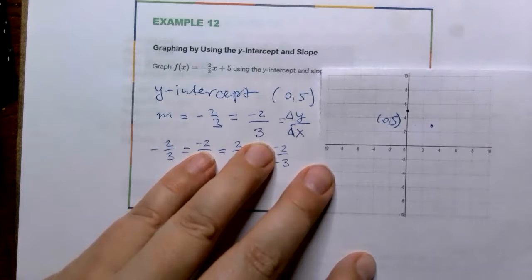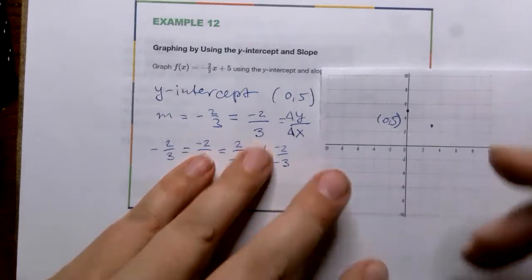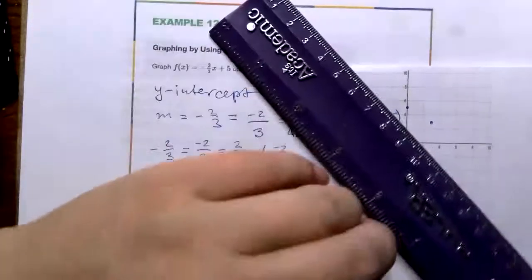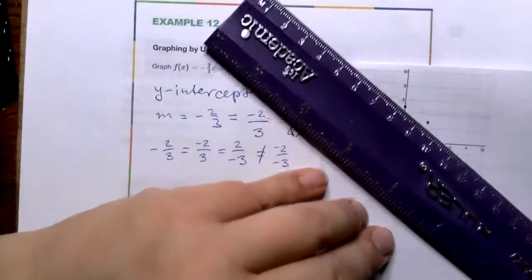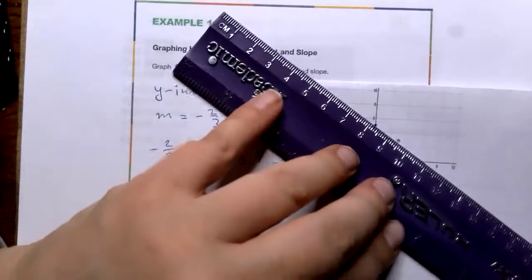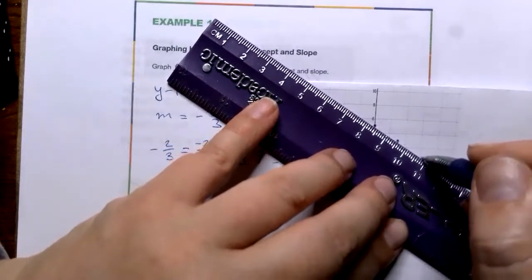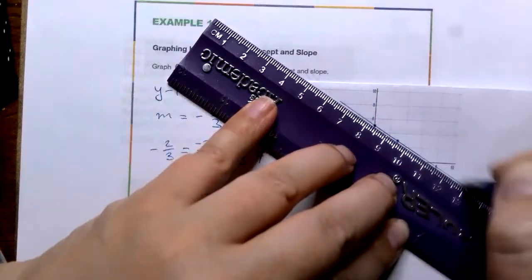Okay, so this is my next point on that line. And you can do it as many times as you want, so you're staying on the line right here. So I already have 2 points, so that's all I need, because 2 points define a line. So I can actually draw my line here.